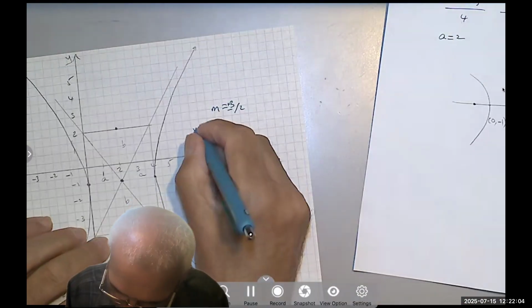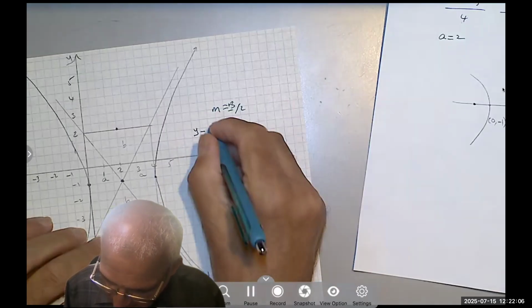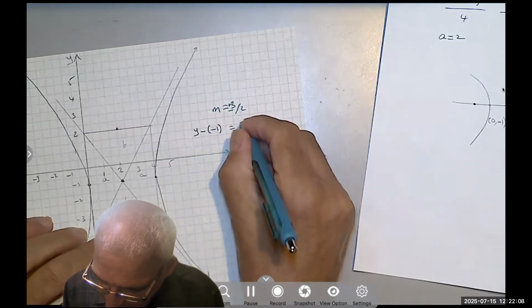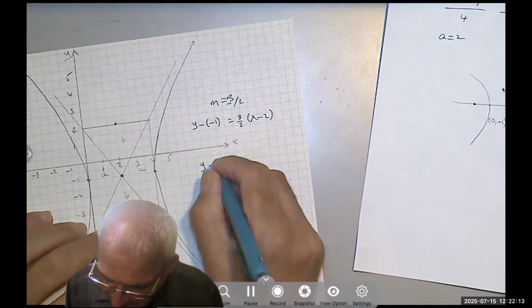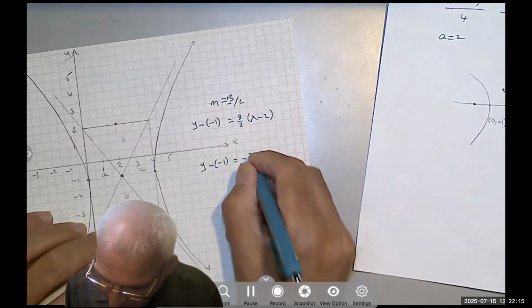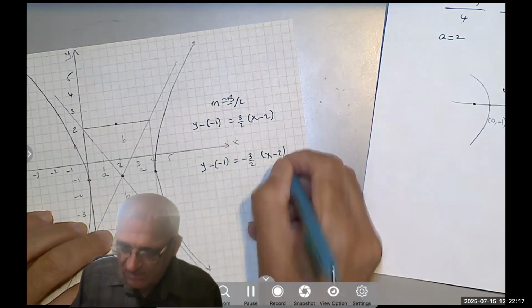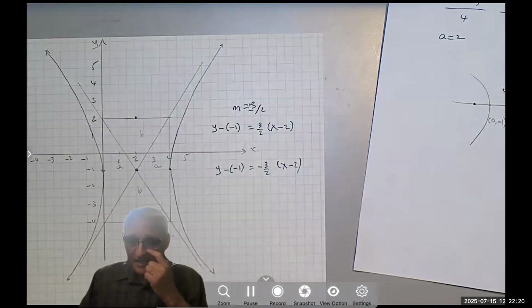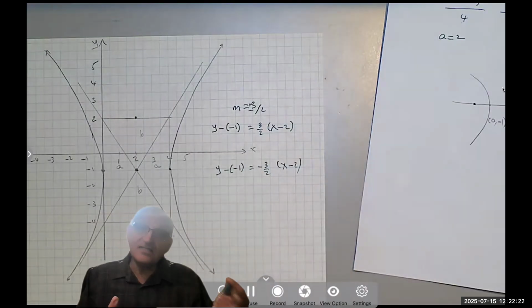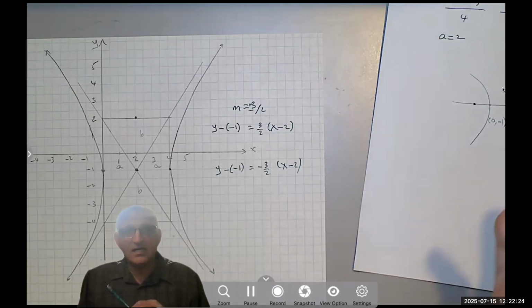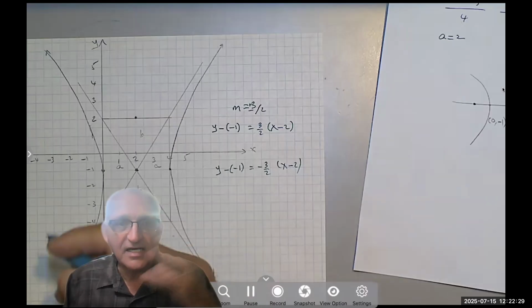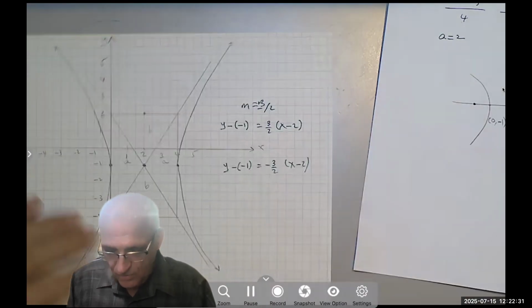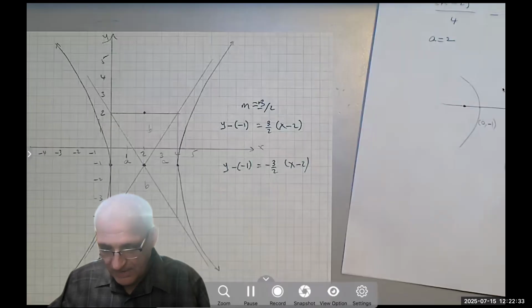So you can say y minus -1 equals 3/2 times x minus 2, or y minus -1 equals -3/2 times x minus 2, and the rest is history. We just simplify and write it as y is a function of x, or you write it in standard form, ax plus by equals c, or whatever. Okay? So that's how we plot the hyperbola.